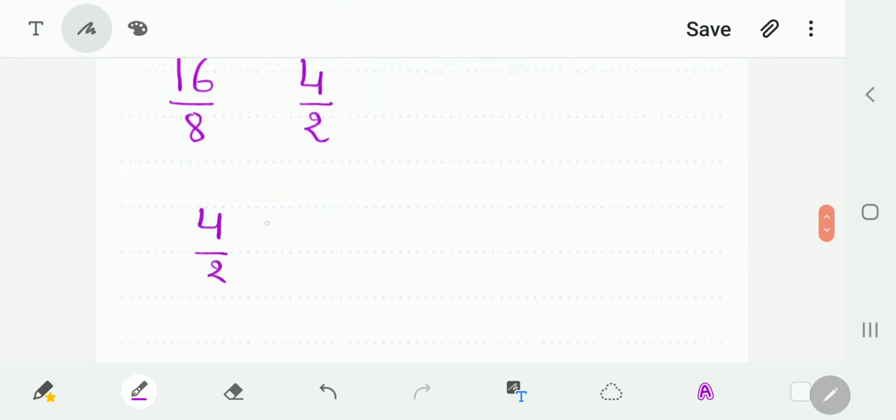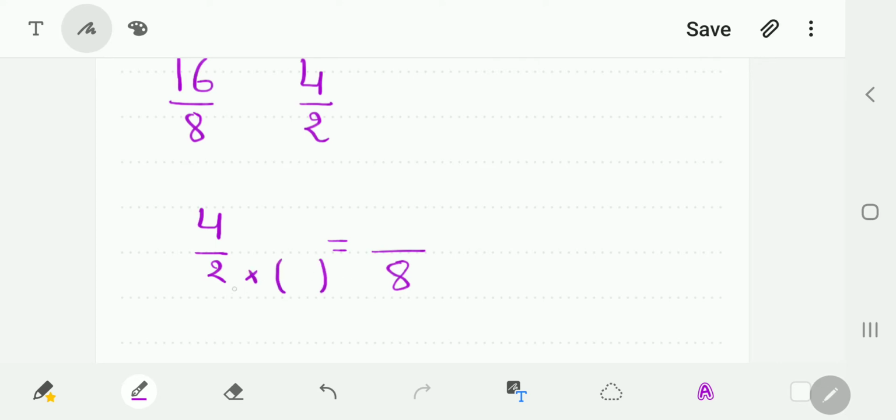I am gonna show you that 4/2, we want to convert this lower number to a number that is exactly like the other number we're looking for. So we want to convert or change this fraction, 4/2, to another fraction that has 8 in the bottom. So we ask ourselves, I have to multiply 2 with a number to get 8.